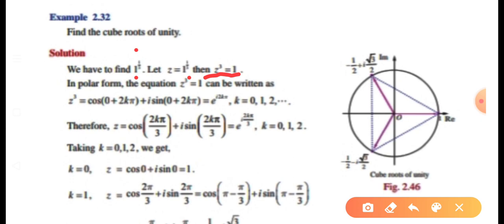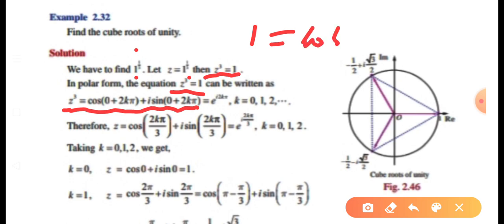In polar form, the equation z cube equal to 1 can be written as z cube equal to cos 0 plus 2kπ plus i sin 0 plus 2kπ. Because for 1, we have to write cos θ plus i sin θ, then cos 0 degree plus i sin 0.